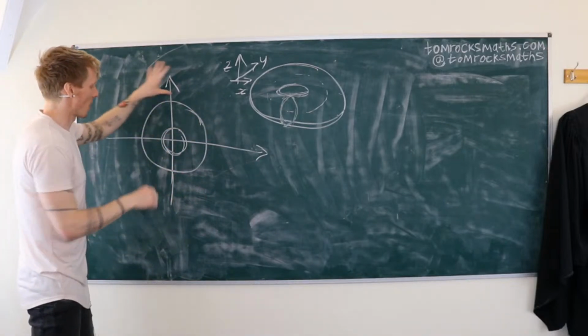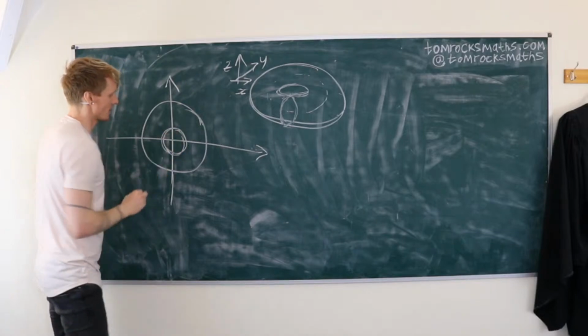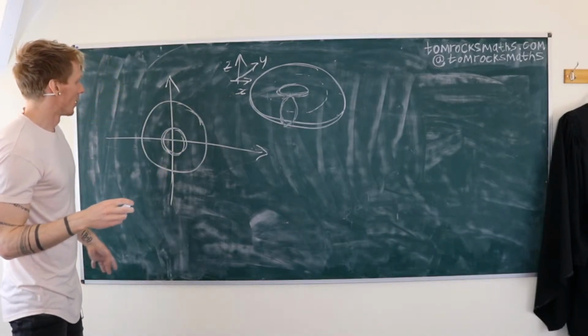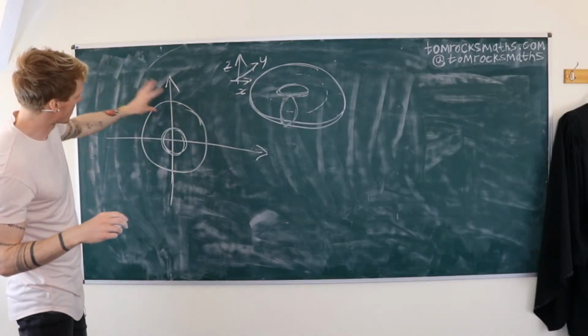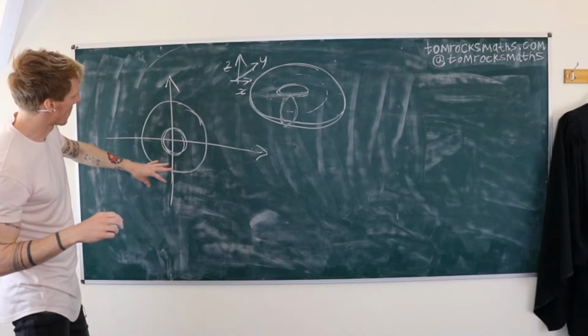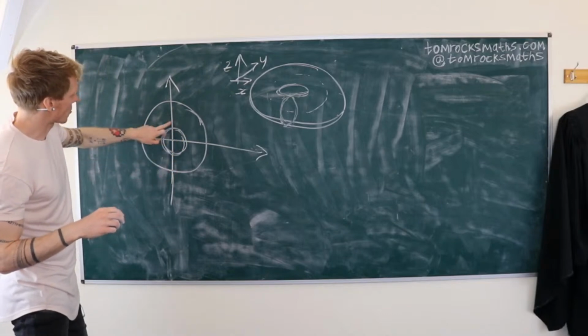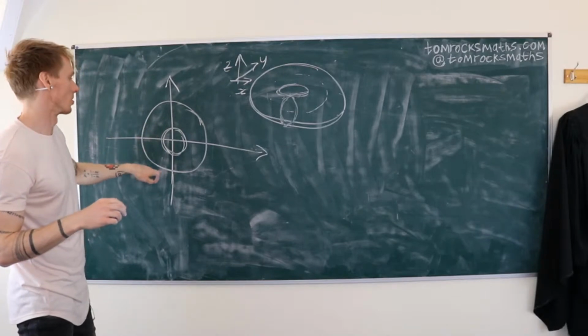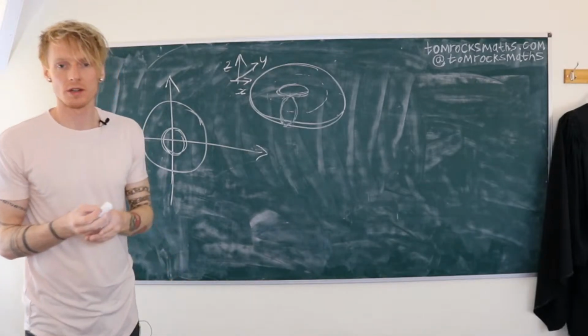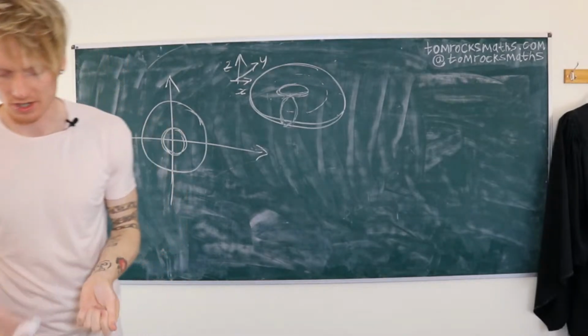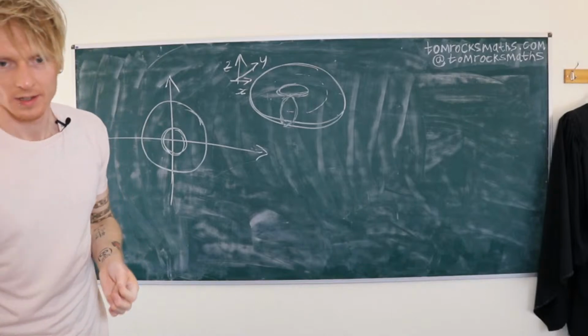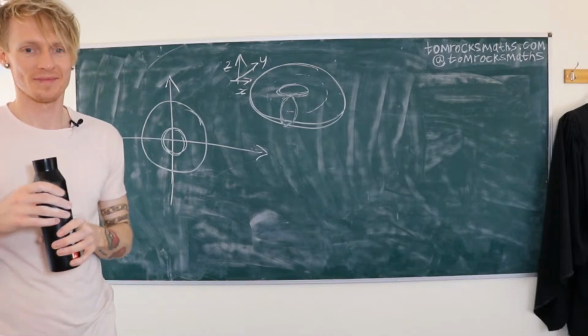So the way to describe a torus is to think about how we might describe the torus with an equation. We can think about how to describe the equation of a circle. Does anyone know the equation in X and Y that we use to describe a circle? If you do, pop it in the chat.